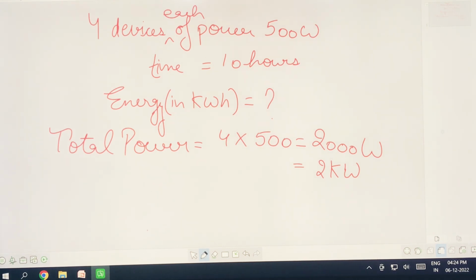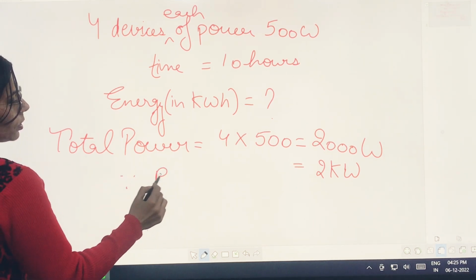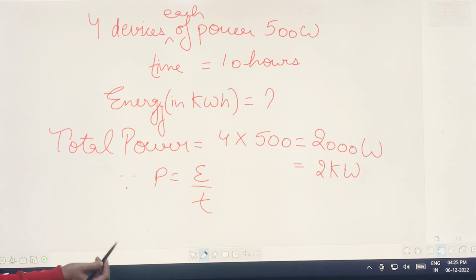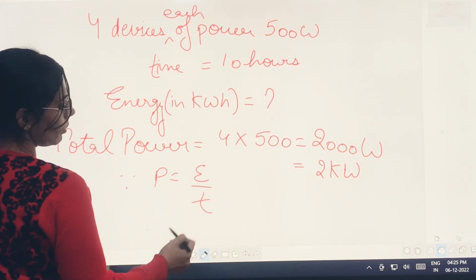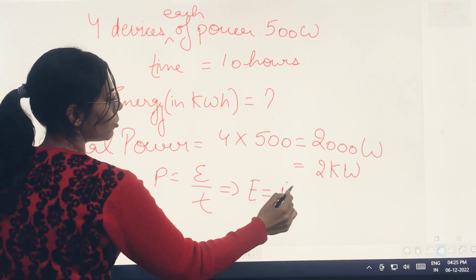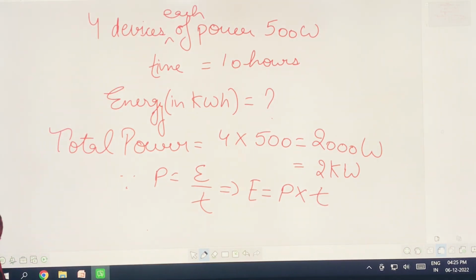And what we need to know now is to calculate the energy over here, as we very well know, because power is equivalent to energy upon time, that is work done upon time, or energy upon time. Time is provided to us and we need to calculate the energy. So from here we can get energy is equivalent to power into time. Fine. So what is power here?